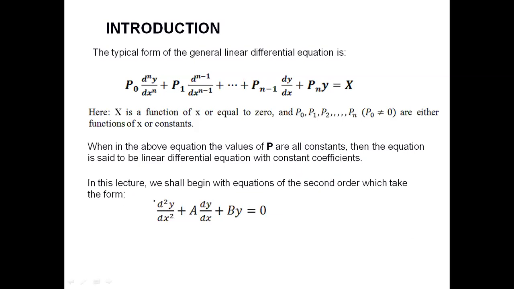Okay, so in this lecture, we shall discuss second order equations that will take the form I've highlighted here: d2y over dx2 plus a dy over dx plus by is equal to 0.